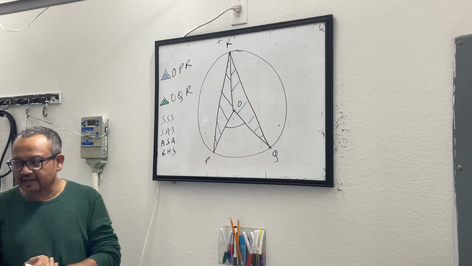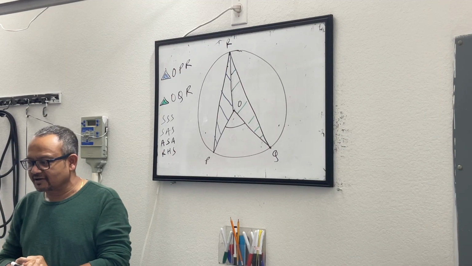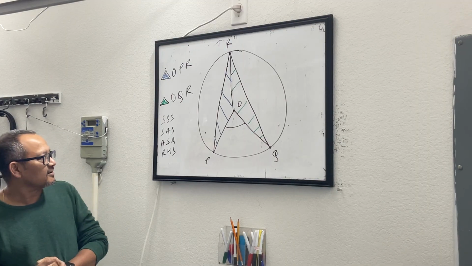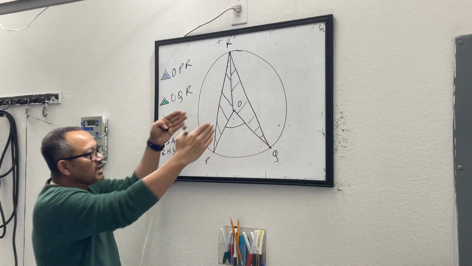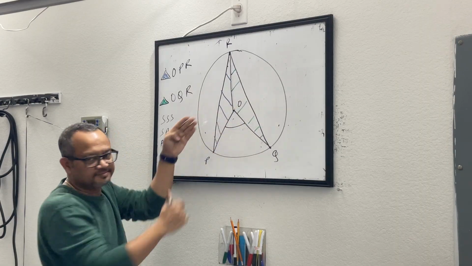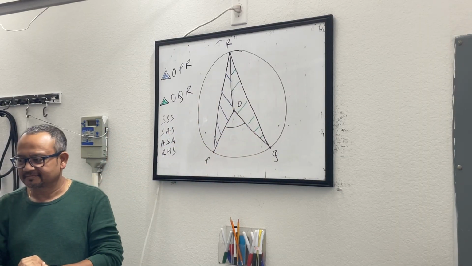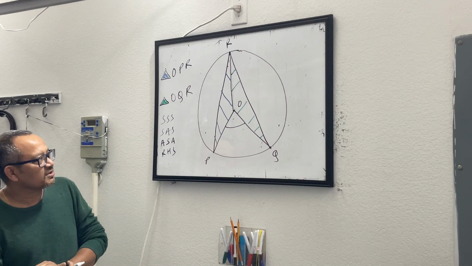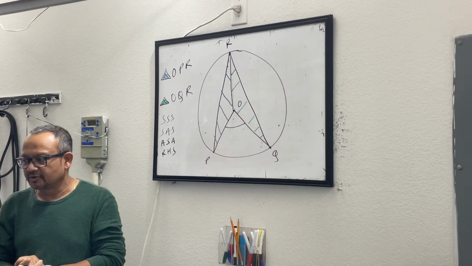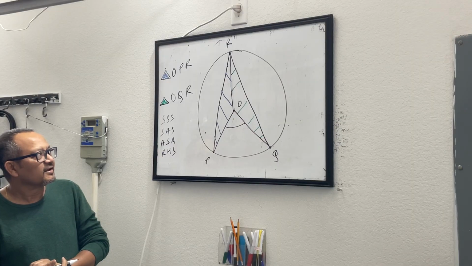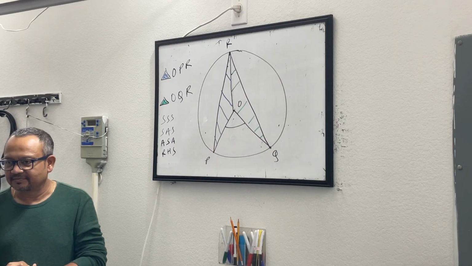So which theorem is saying that these two triangles are congruent? Yes, Achita. Is it SSS? Well, this side and this side, on what basis can we say they are same? I have not given any confirmation, I have not given any clue with respect to us believing that they are same.